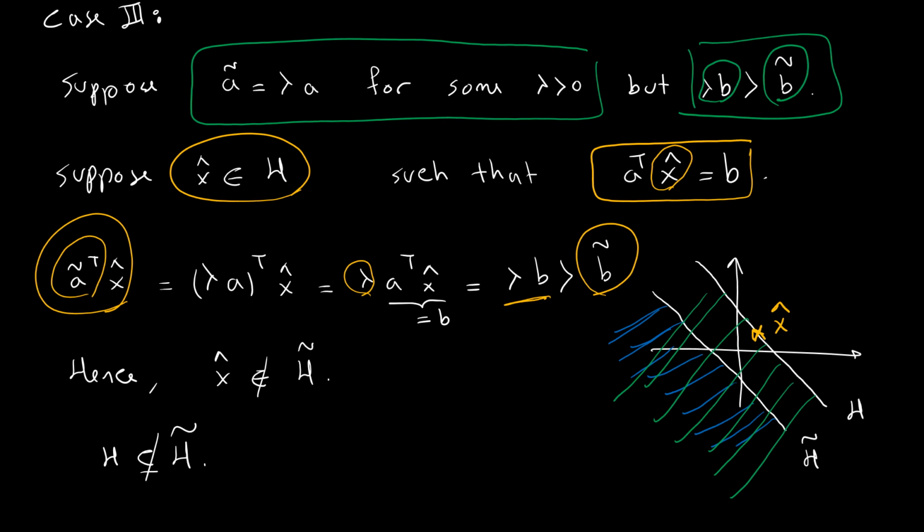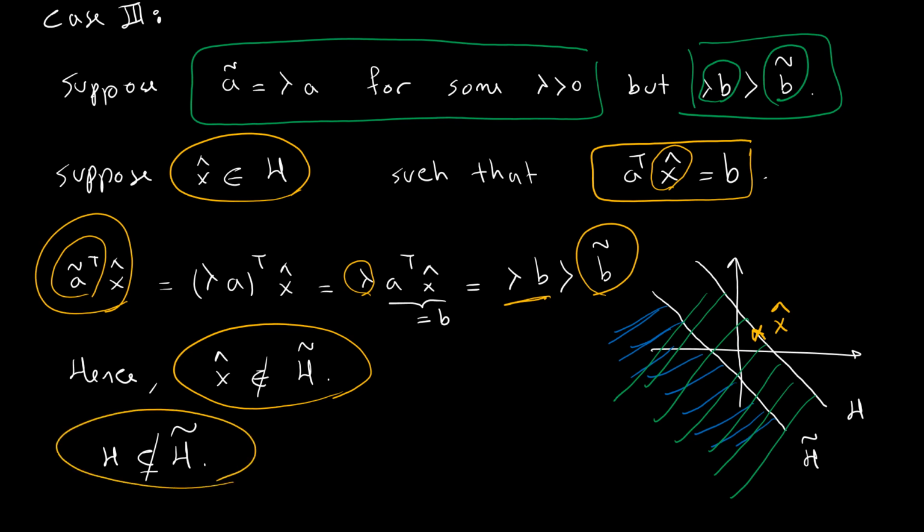Therefore x hat is not included in H tilde, and we have this inclusion, which is a contradiction to what we assumed. So we went over all these three cases, and now I want to recap in the next slide.